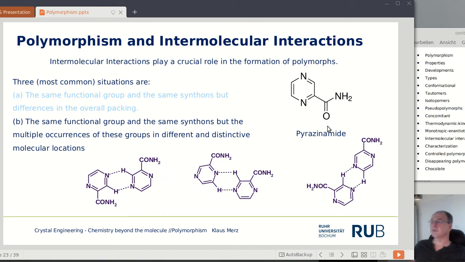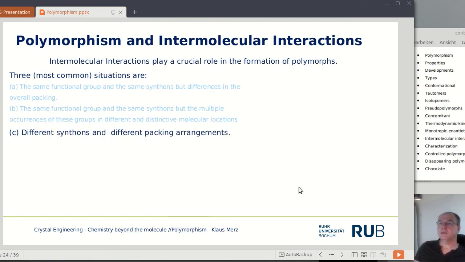So if we look into the polymorphs, the NH of the amide group is not involved. Looking only at the nitrogen, the amino group, which dominates the packing of the polymorphs, you see the difference of these three polymorphs. Always the same pattern, but different overall.